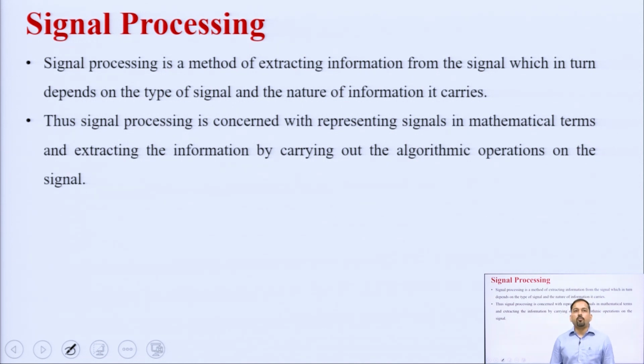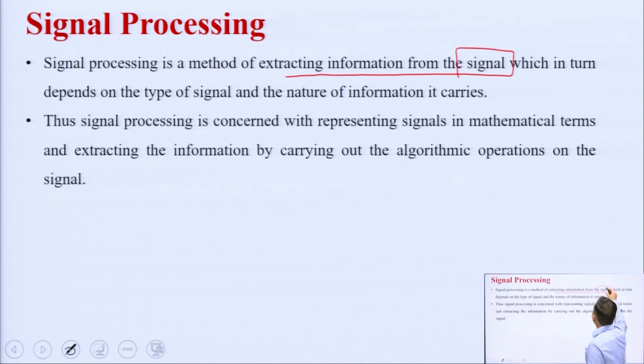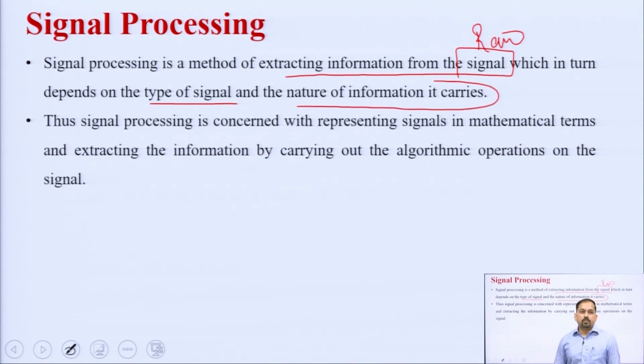Next is the processing. What is processing? So why is the processing required? Signal processing basically is a method of extracting the information from the signals, means these are the raw signals, these are the input signals, which in turn depend on the type of signals and the nature of information it carries. What type of information does the signal carry?